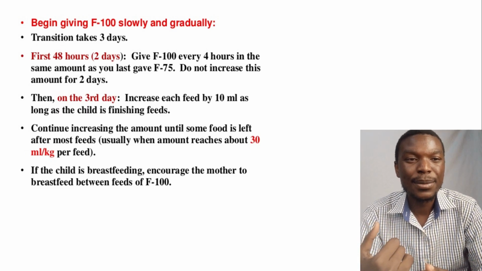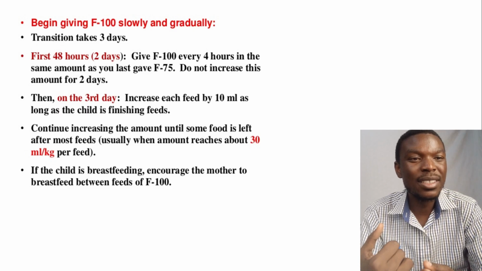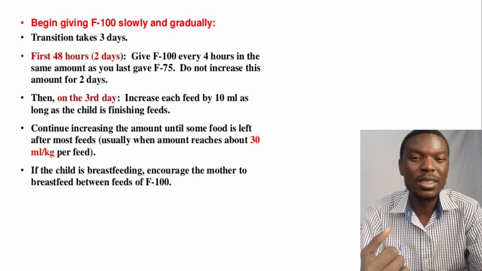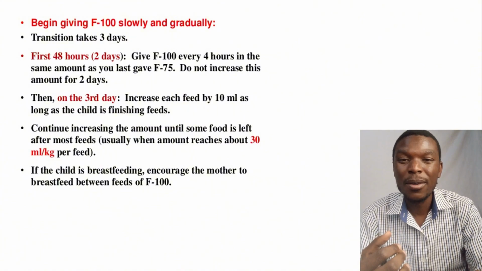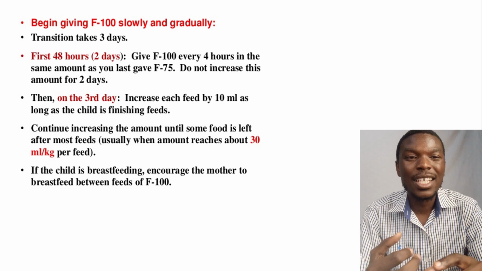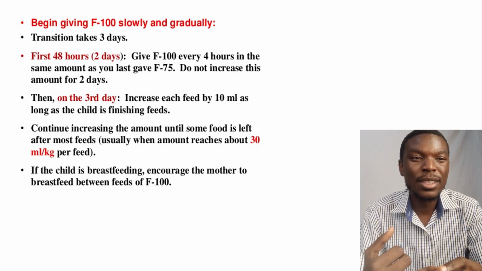On day 3, increase each feed by 10 mls as long as the child is finishing the feed. So now you can increase by 10 mls. So add more feed. Then you continue increasing the amount until some food is left after most feeds.